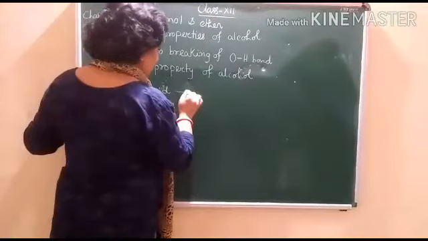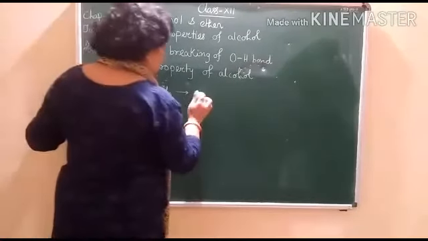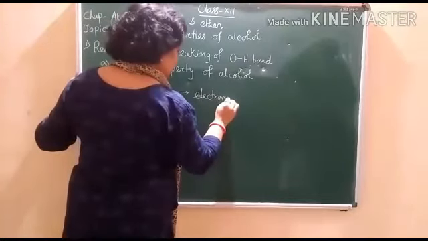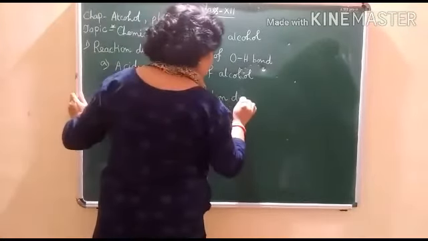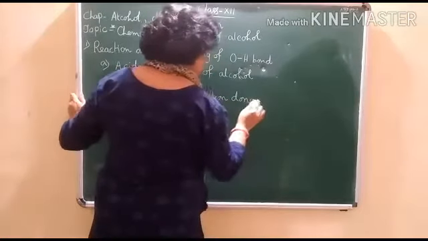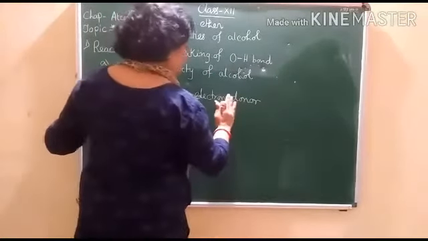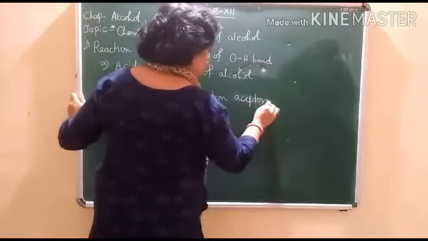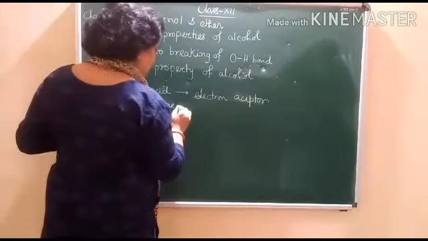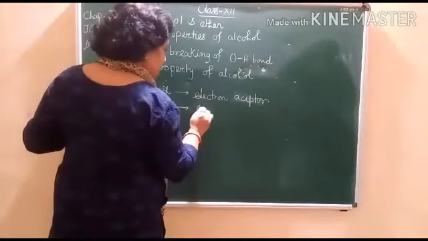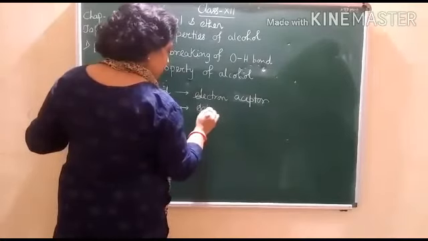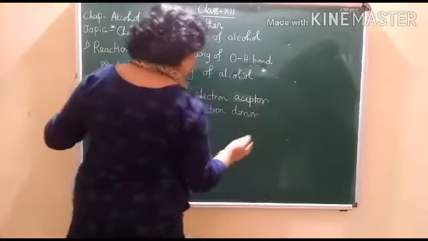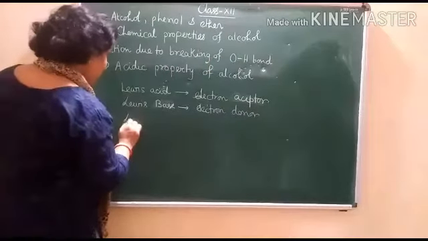A Lewis acid is an electron acceptor and a Lewis base is an electron donor.